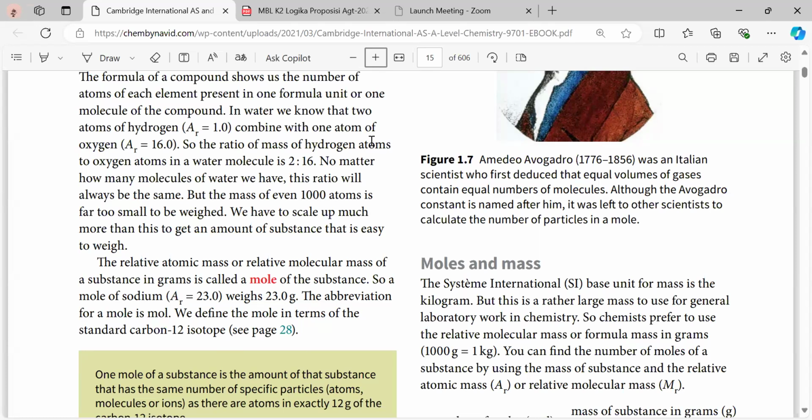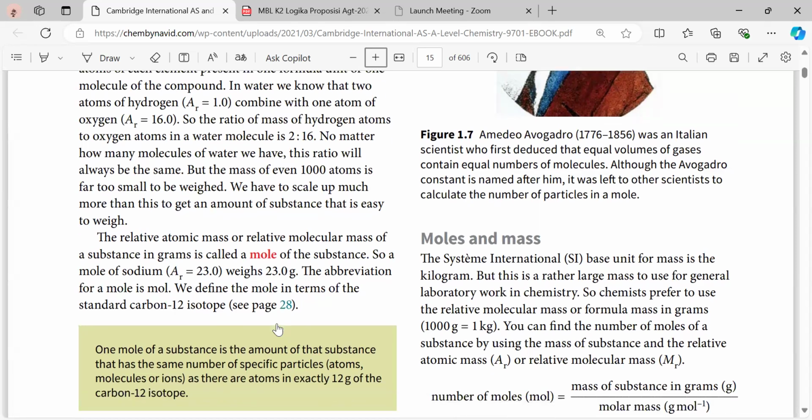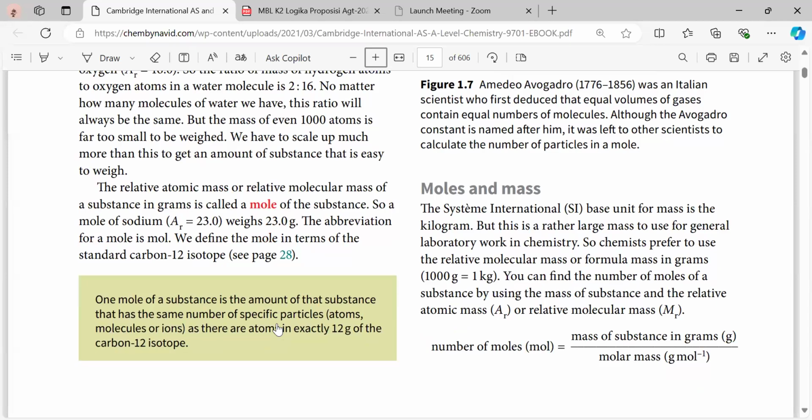So this is basically their standard unit when weighing an atom. So one mole of substance is the amount of the substance that has the same number of specific particles, atoms, molecules, or ions, as there are atoms in exactly 12 grams of the carbon-12 isotope.